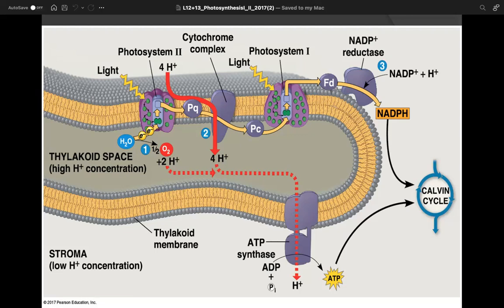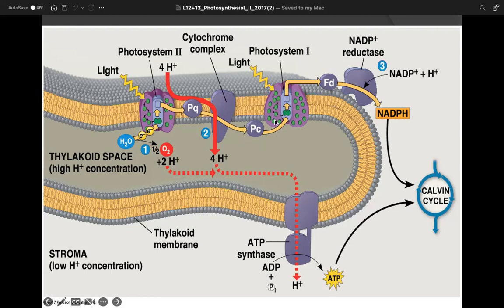This electron transport chain right here is called the cytochrome. When this happens, we also make some ATP. While we make ATP, that means we lose energy, right? So we're taking energy out of our little electron, and it is used to make ATP. But now we have another low energy electron going into photosystem 1.